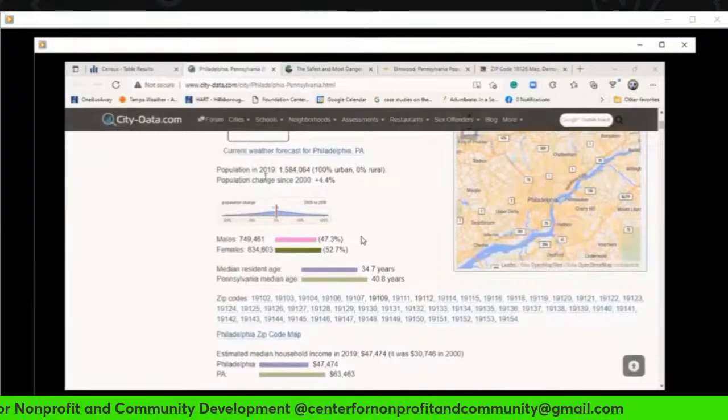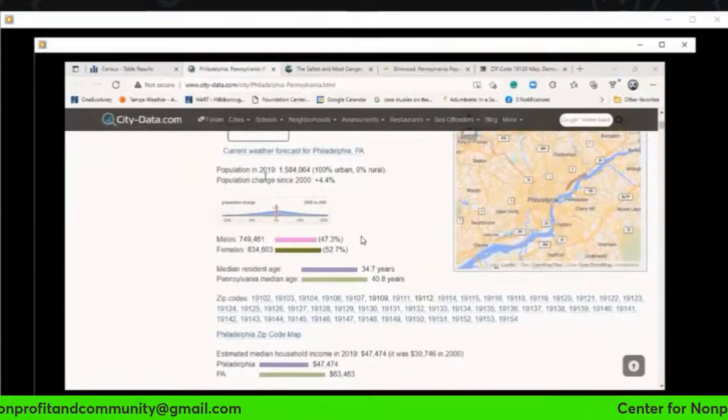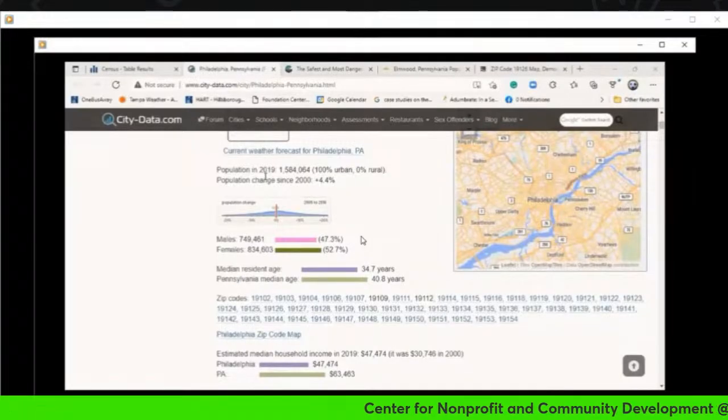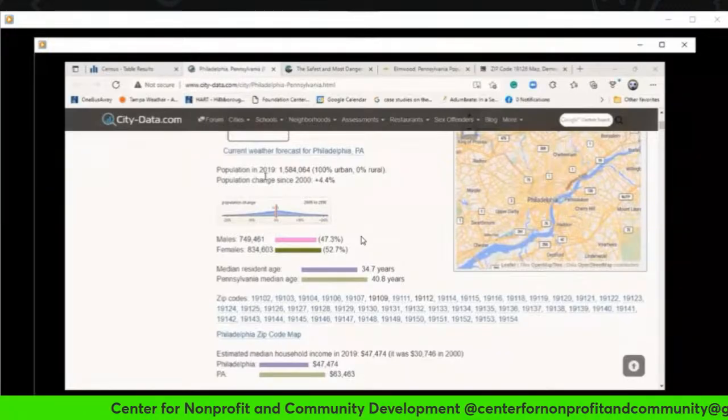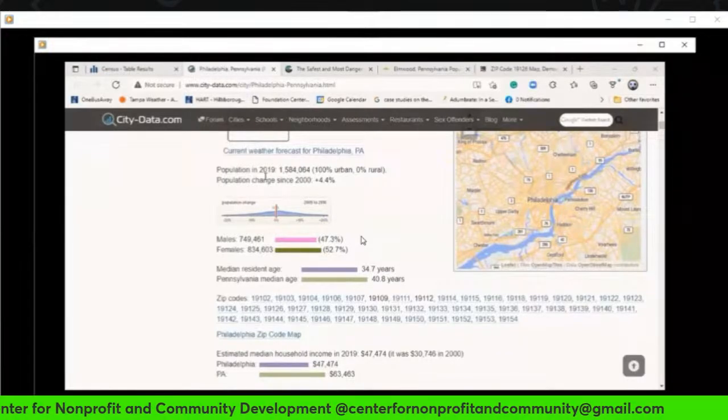Now, most of the information from the site is going to be based on 2019. It's going to be important because it's still the most comprehensive information. We're going to then look at other data, like the census tract, that's going to give us the most recent data.